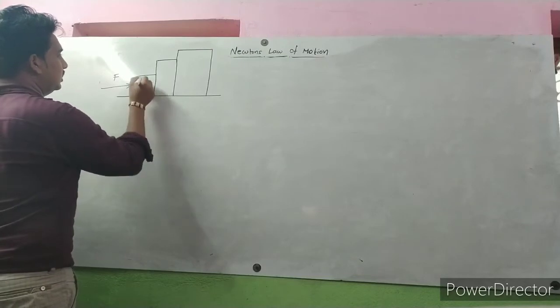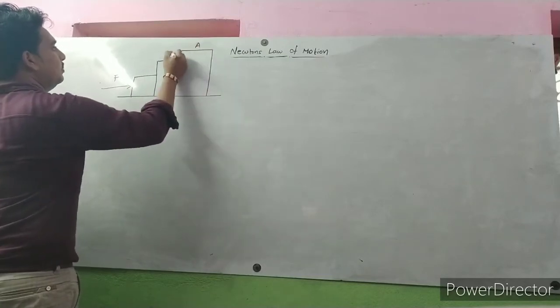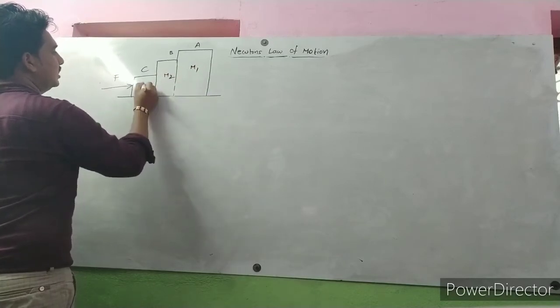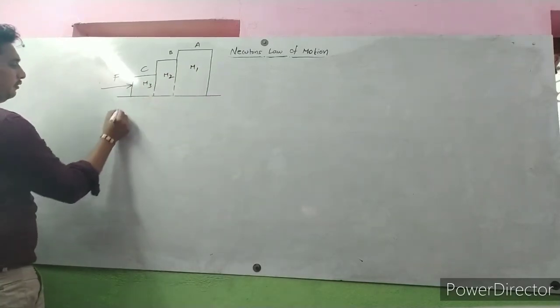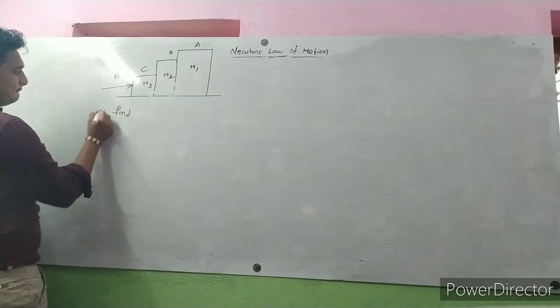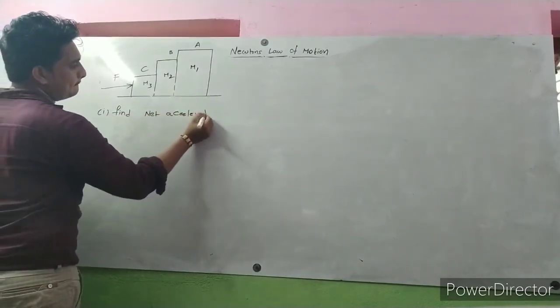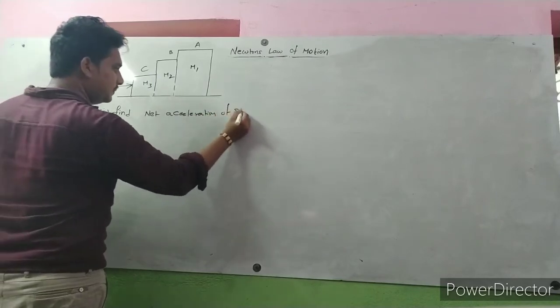Here are blocks A, B, C, with M1, M2, M3. Find the net acceleration of the system.